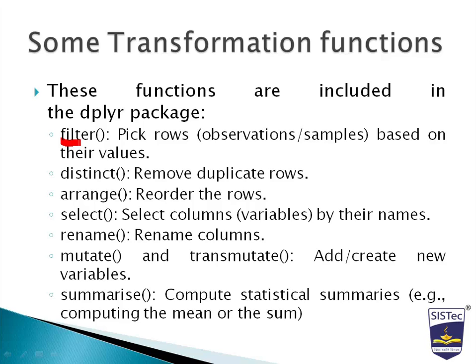Rename is used to rename the columns. Mutate and transmute are used to add and create new variables. And summarise is used to compute statistical summaries like the mean, sum, average, median, etc.